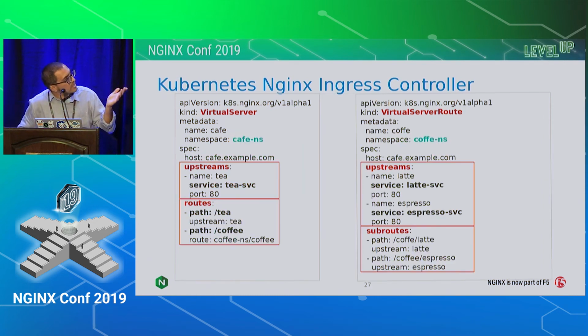But with the change of the new version, this is something that right now is not ready for production, but it's very cool because it reminds me of the configuration we usually do with NGINX out of the box.